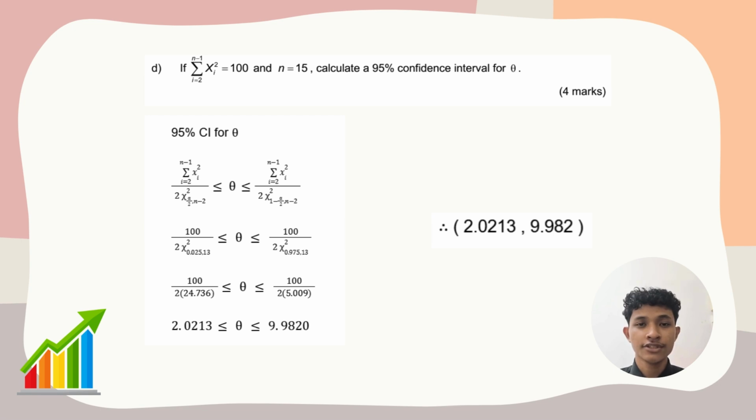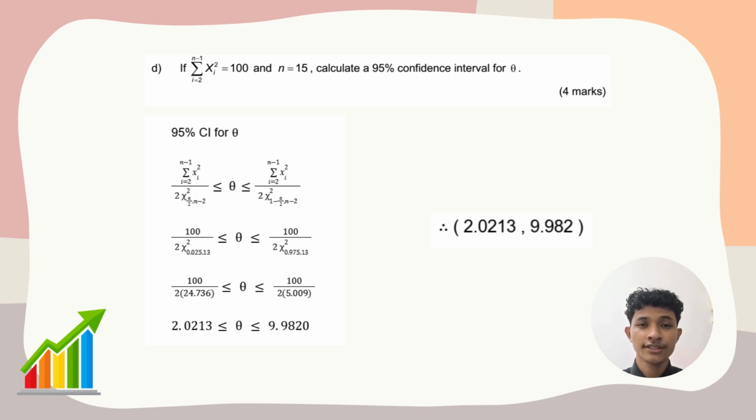After that, we substitute the given values into the formula. The sum of squares is 100 and since n is equal to 15, the degrees of freedom n minus 2 is equal to 13. Then, we look at the chi-square table. Chi-square 0.025 with 13 degrees of freedom is equal to 24.736, while chi-square 0.975 with 13 degrees of freedom is equal to 5.009.